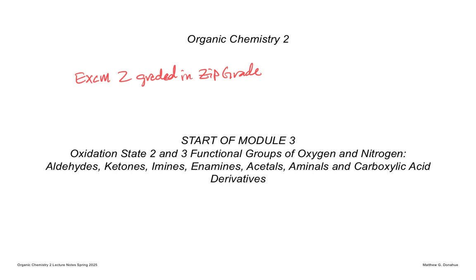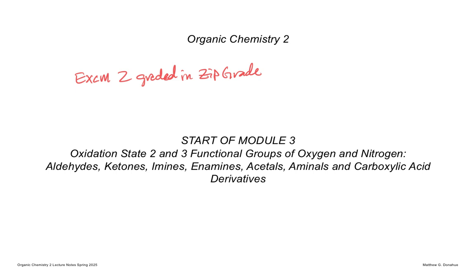We're going to begin module 3, which is now on oxidation states 2 and 3. We're already familiar with the oxygen functional groups, so those are aldehydes and ketones. We're actually going to use those to introduce nitrogen functional groups called imines, enamines.